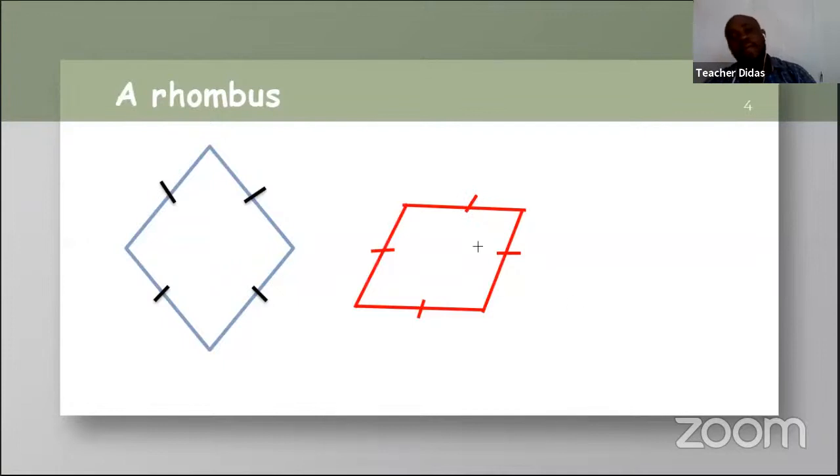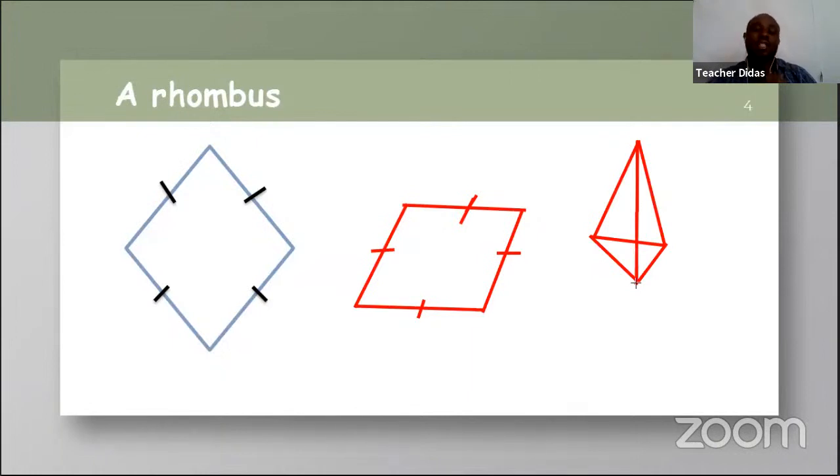Okay. There are some friends of mine who say it is a kite. No. When we are drawing a kite, we draw it when this side is long, this one is also long, but these two are too short. So this is the kite. And sometimes you can go on and add the 2 diagonal lines. That is the kite.